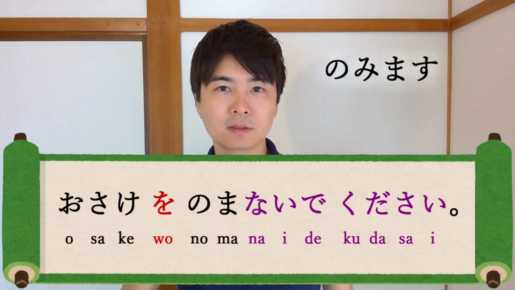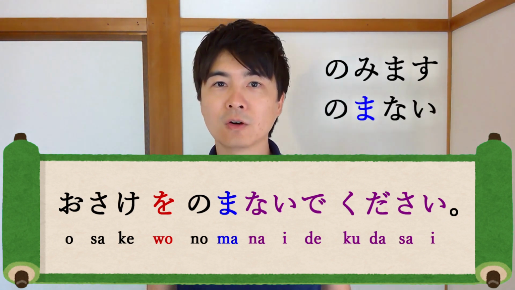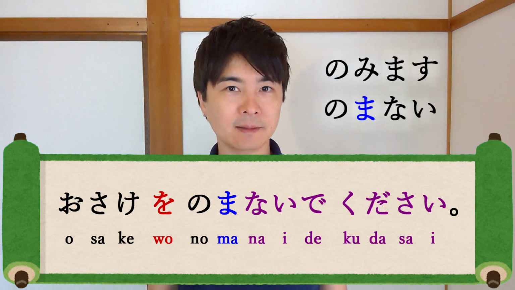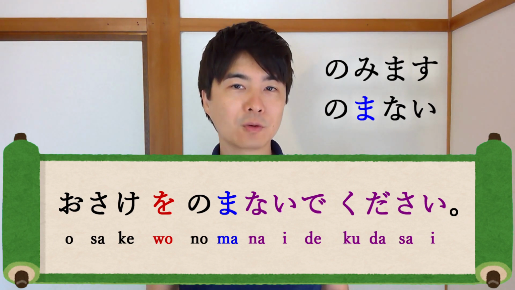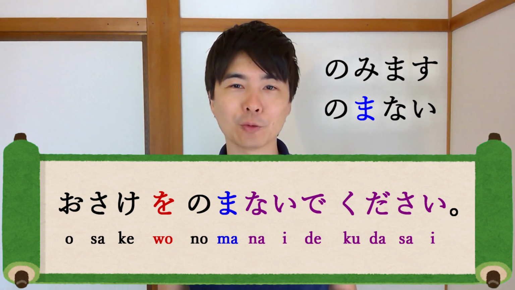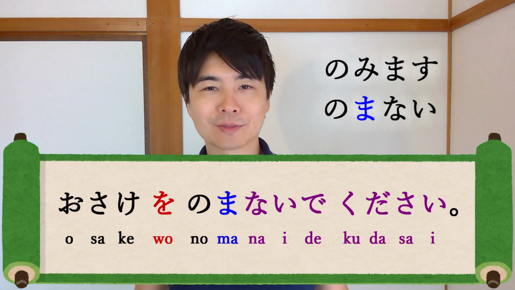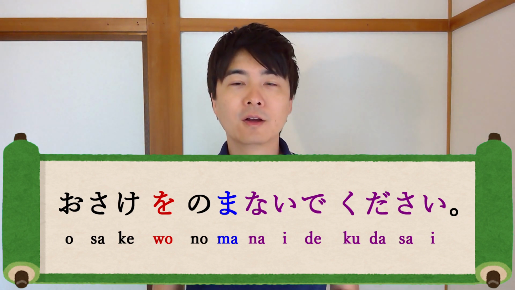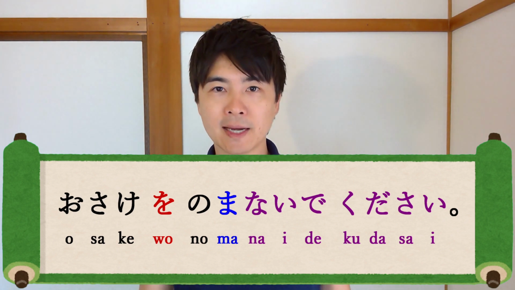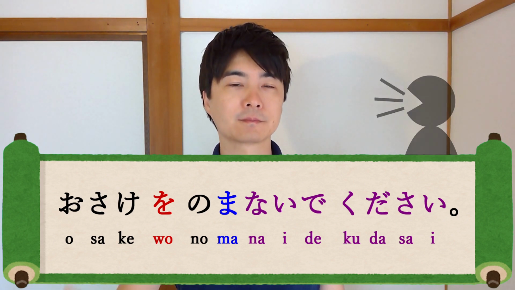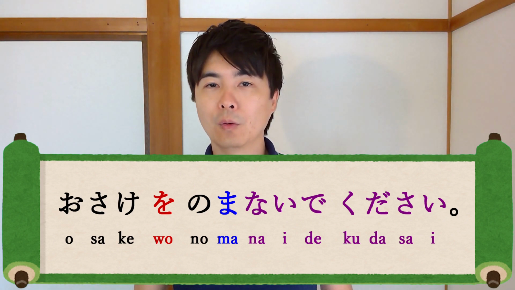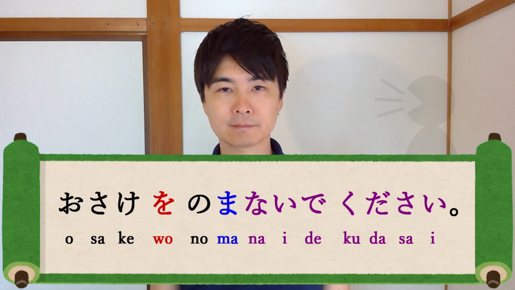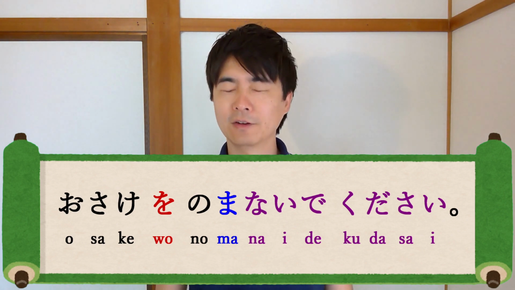Then 飲みます becomes 飲まない。So please don't drink alcohol is お酒を飲まないでください。Then if you are drinking alcohol during class, the teacher would tell you お酒を飲まないでください。Please repeat after me. お酒を飲まないでください。Okay, good.